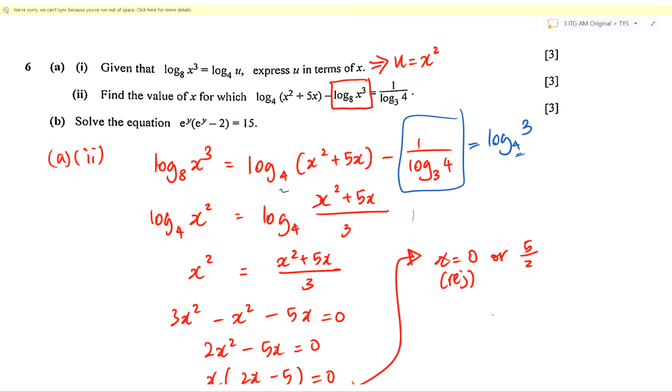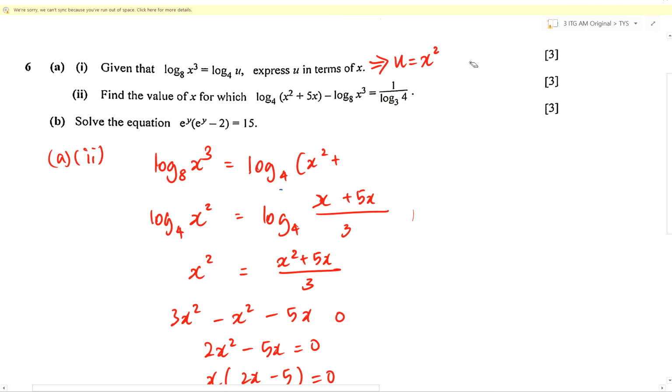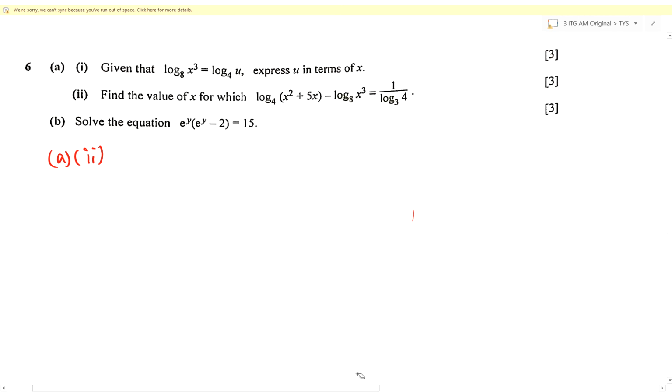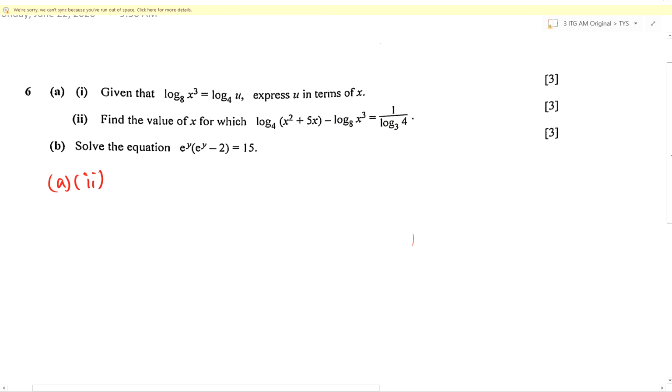Next, 6b. Solve the equation e to the power y times e to the power y minus 2 is 15.